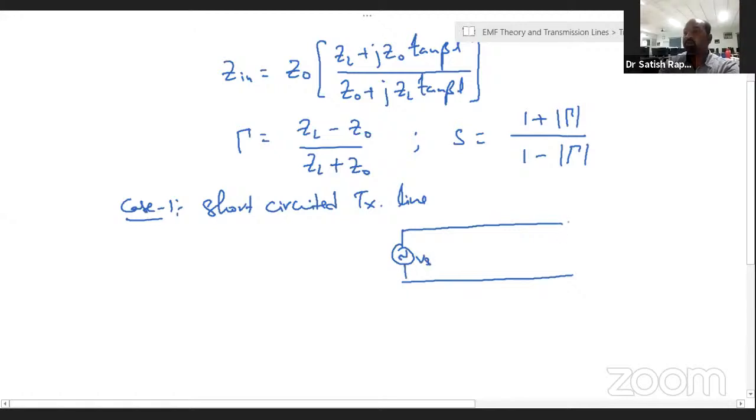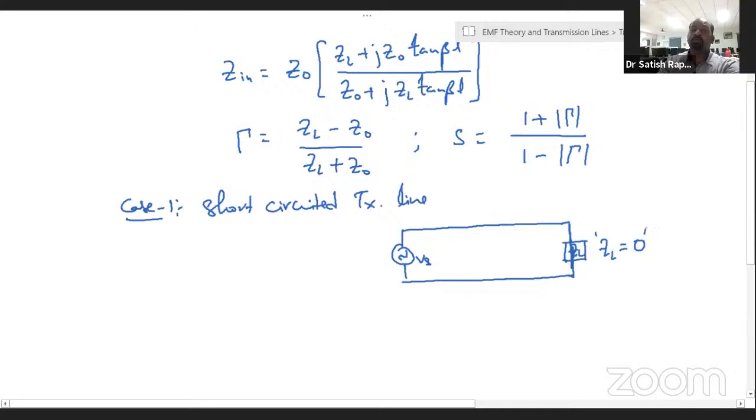This is the input voltage, and this is ZL, the load. What is meant by a short circuited transmission line? It means the load is shorted like this. Load is shorted in the sense that ZL is equal to 0, load impedance is 0.